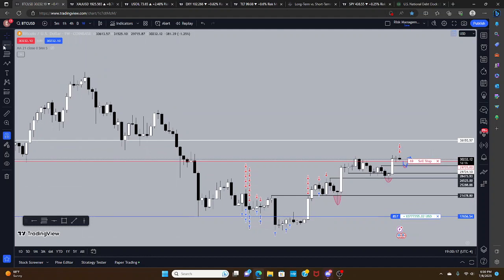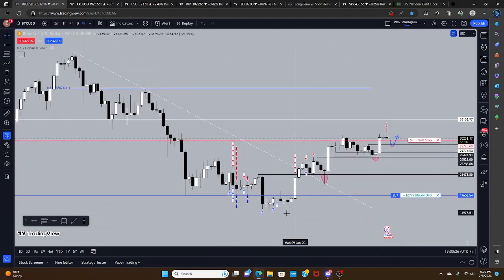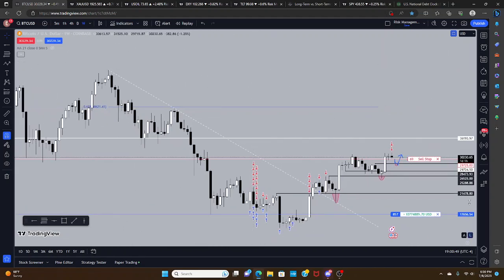If you put a Fibonacci retracement over this entire macro swing from the all-time highs up here at 69,000 down to the post-FTX collapse lows down here at 15,000 roughly, your 618 is right above these highs right here, which is an obvious swing high from historical price action. There'd be a lot of stop losses here, so there's a lot of liquidity above here lining up with the 618. I think price certainly could.